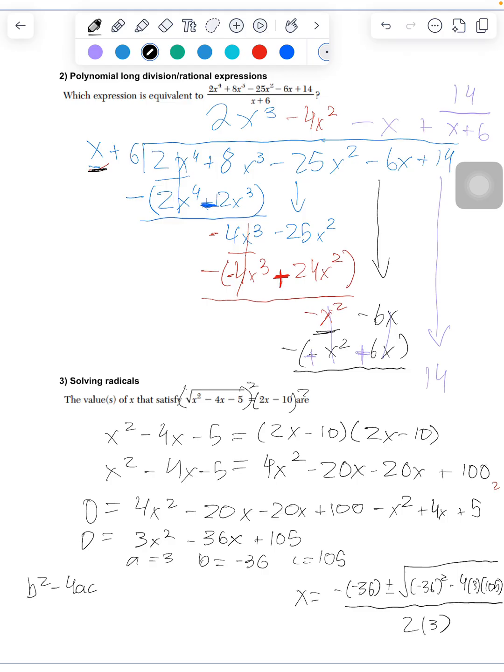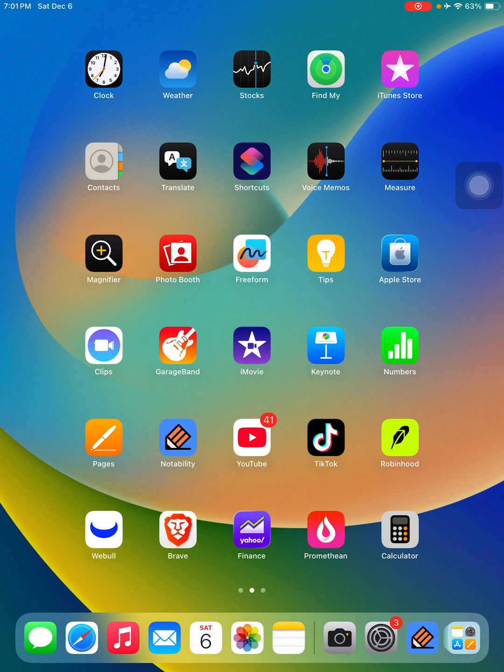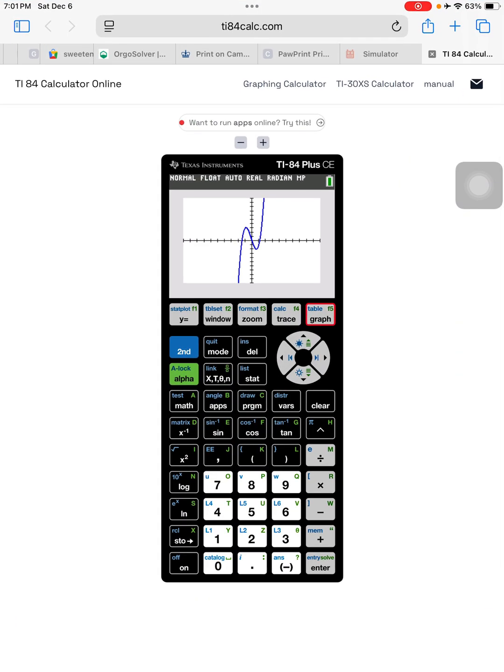So let's put that all in the calculator and see what we get for our x values. Going back to my calculator, I'm going to see the discriminant first, which is negative 36 squared minus 4 times 3 times 105.